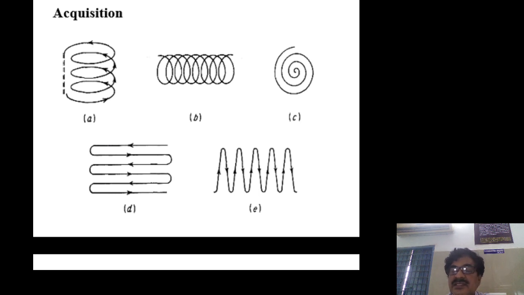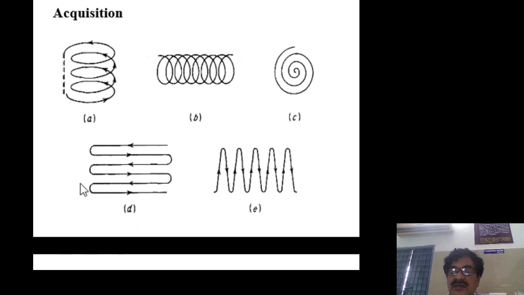The patterns are as follows. Figure A is called the helical pattern, helix. Figure B is referred to as the Palmer; the same helix in the horizontal mode is called the Palmer. Figure C is the spiral: the pencil beam searches for the target in a spiral manner.